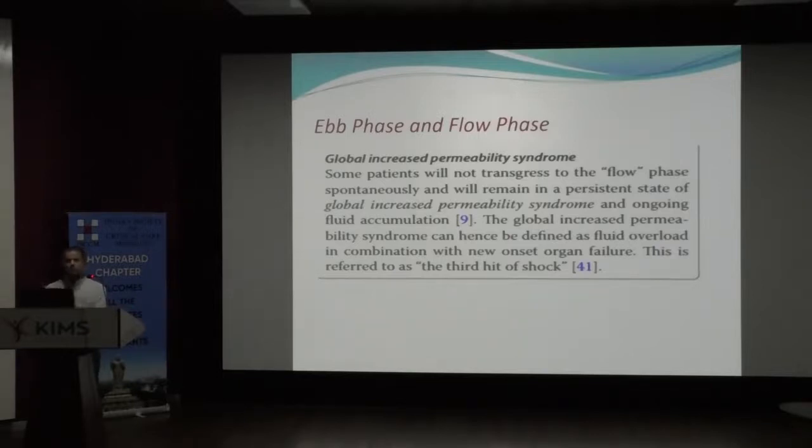That is, there will be continuous leaking of fluid into the third space, called global increased permeability syndrome. This is called the third hit of shock, and this is the phase where we may get stuck with patients in our ICU, where the patient is developing anasarca, going into multi-organ failure, and we wonder why this patient is not improving. So it's a disease state. Sometimes we can address it, sometimes we cannot.